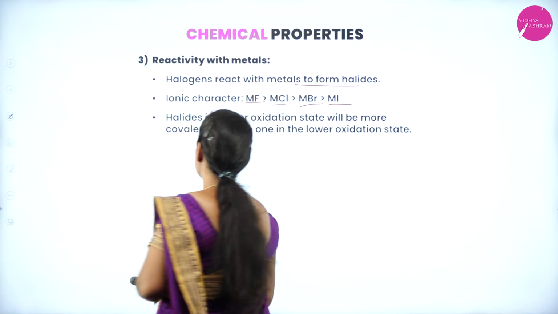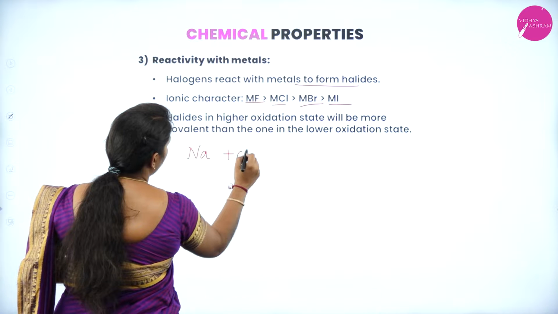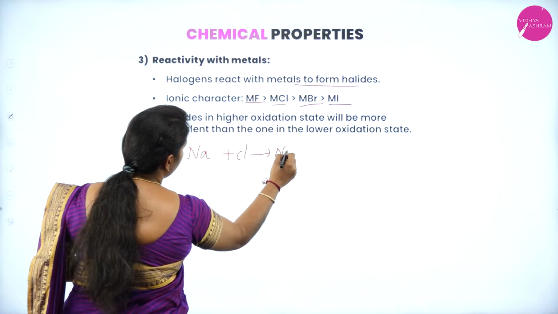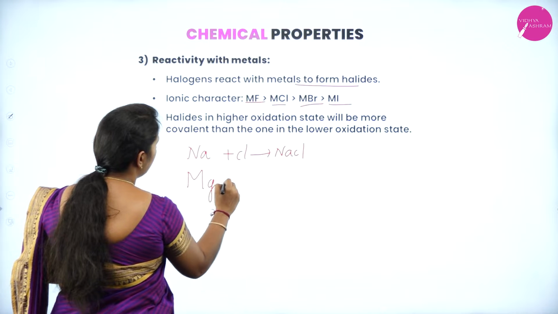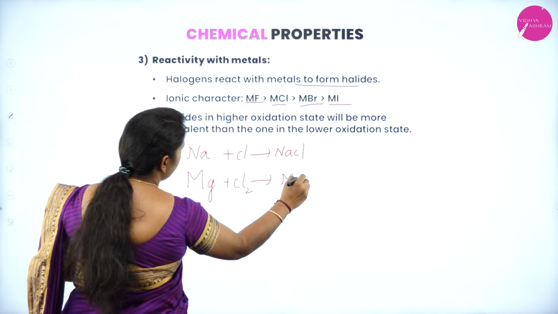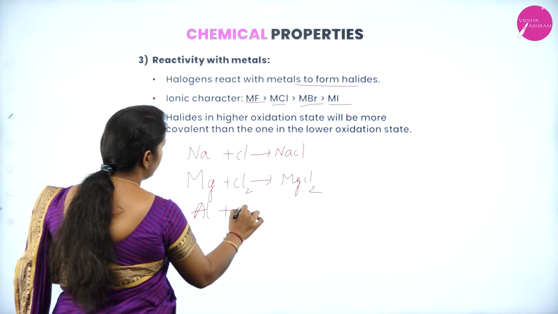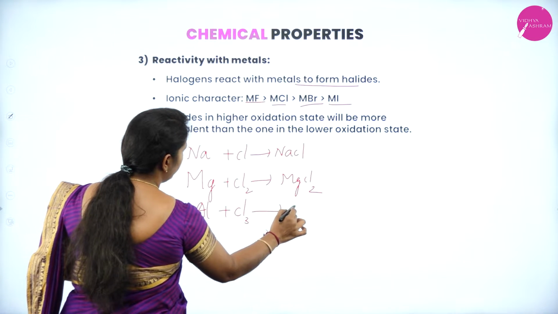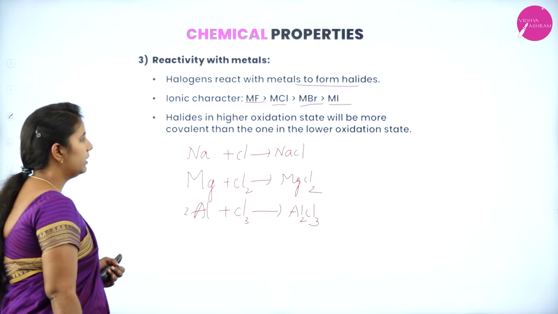You can take the example of sodium combining with chlorine to form sodium chloride. Similarly, magnesium combines with the chlorine and forms magnesium chloride. Aluminium combines with the chlorine to form aluminium chloride.